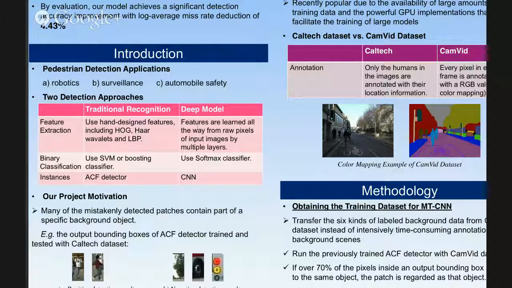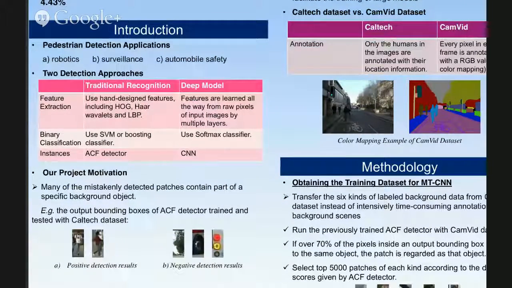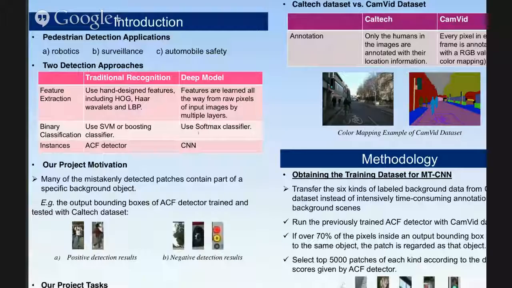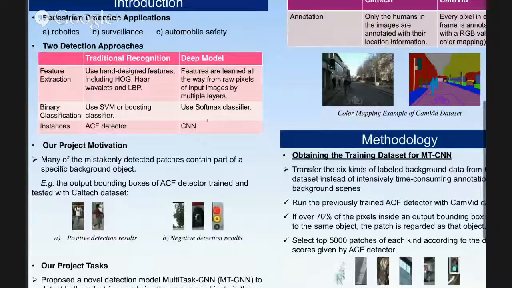While in the deep model, the features are actually learned all the way from raw pixels of inputs by multi-layers, and thus the deep model usually has a better accuracy performance than the traditional one, since the features are specific and very input oriented, which makes the classification more accurate.